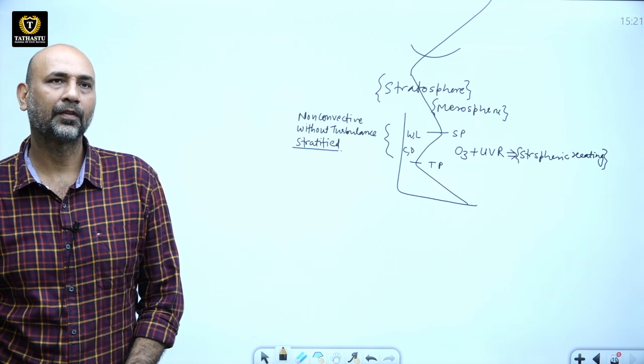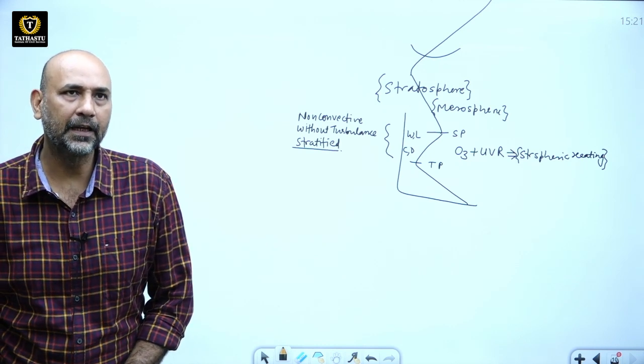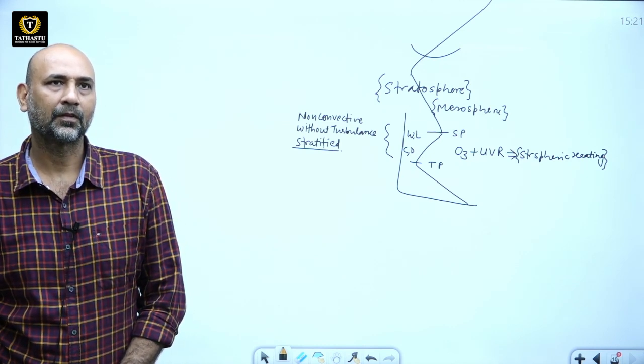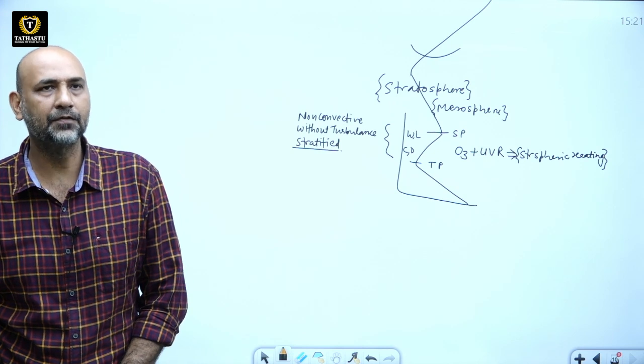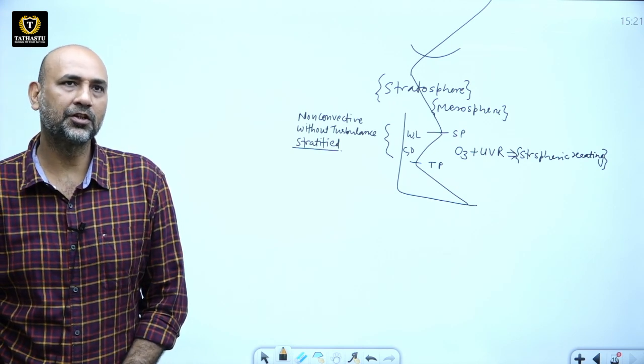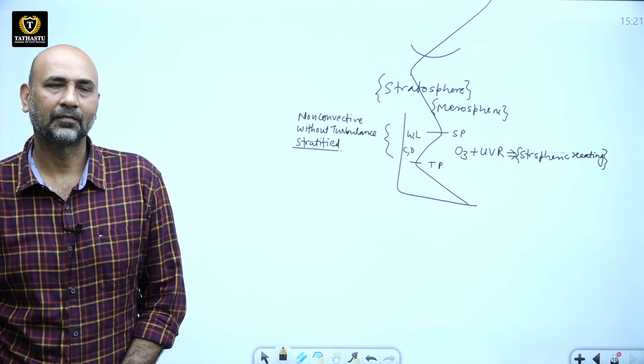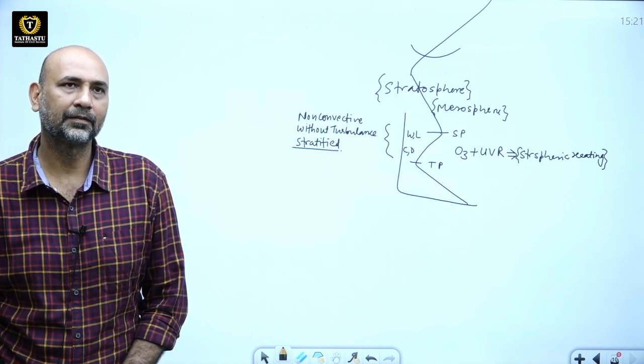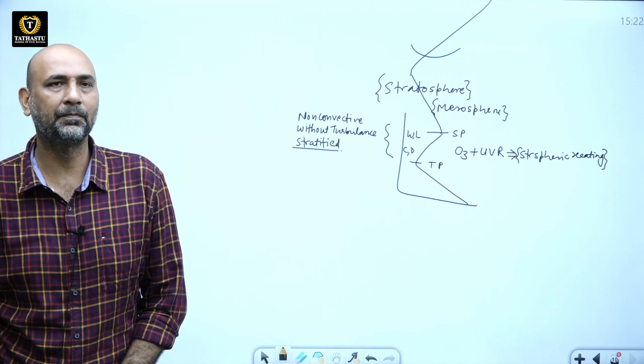Remember that atmospheric top is leveled off. Troposphere has variation in thickness, not the atmospheric top. There was a question in prelims. Atmosphere is thicker above equator and thin above poles.